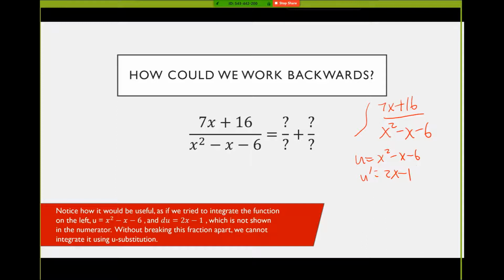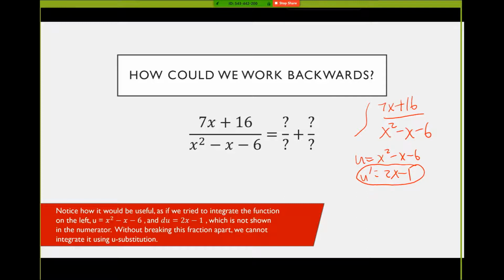Even if I multiply by 7 over 2, in order to make this 2x 7x, that'll still leave me with a negative 7 over 2, which is not 16. But if I can break this apart into the original two fractions, then we will be able to integrate.